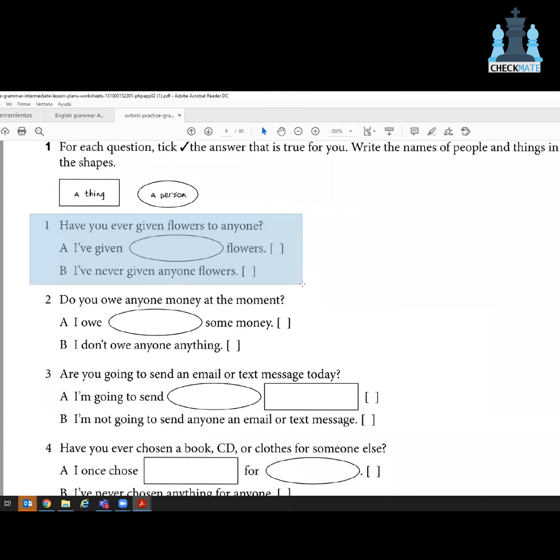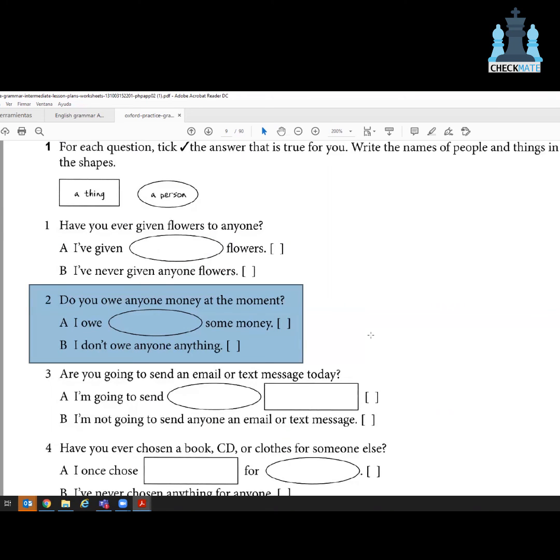Okay, have you ever given flowers to anyone? Yes. I have given my mom flowers. Exactly. Very good. So for you, it's correct. You have given flowers and you gave flowers to your mom, right? Pancho, sorry.